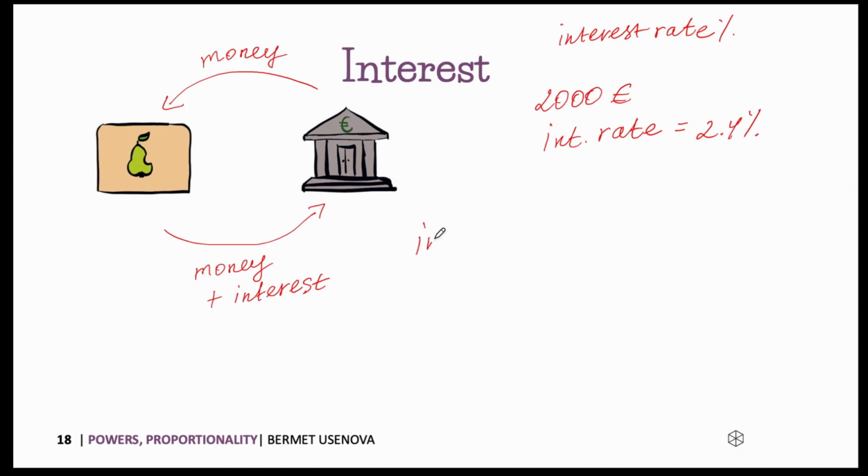So how much interest do you pay at the end of the year? In order to find the interest, we rewrite the percent in fractional form and multiply it by the amount of money you borrowed. By multiplying this, we find out that 48 euro is the amount that you will return on top of the money you borrowed.